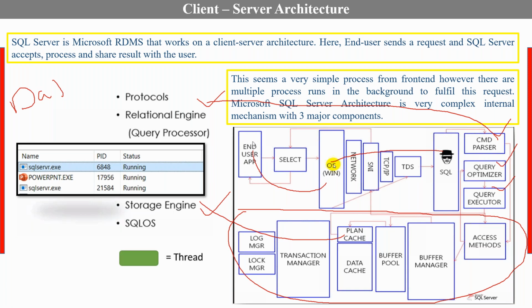See, whenever you are trying to connect, ma'am, any application, SSMS is also an application, sir. Your WhatsApp is also an application. Your Facebook is also an application. Twitter is also an application. Whenever you wanted to read the data, means whenever you wanted to see the data, you are going to perform the select statement.